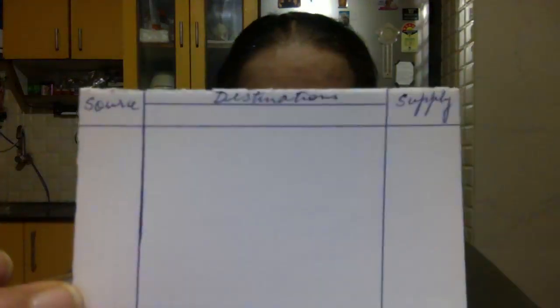So in the middle, we'll have four destinations. I have source here, I have supply here, and destinations. I'm going to make four destinations, D1, D2, D3, D4.